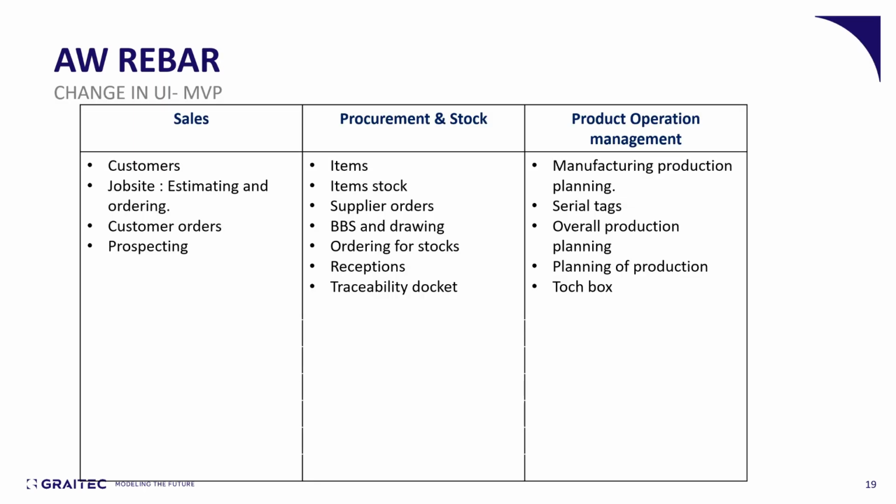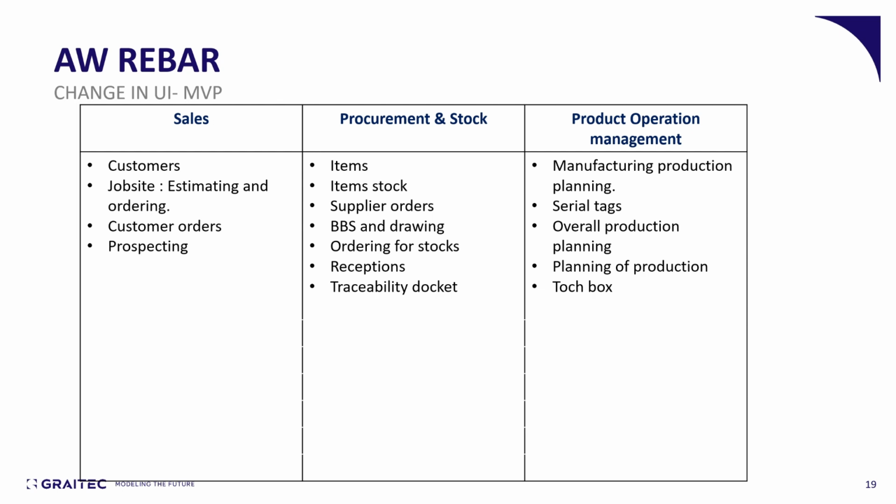What I've shown you so far is very much an MVP, and the software does more, obviously. What we cover as a typical MVP within an advanced workshop I've divided into three factors, which are sales, procurement and stock, and production operation management. Within sales, you have customers, job sites, customer orders, prospecting.